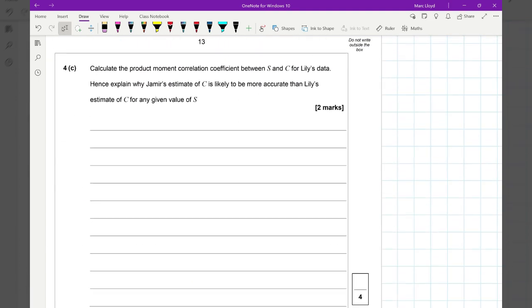Part C, calculate the product moment correlation coefficient between S and C for Lily's data, hence explain why Jamir's estimate for C is likely to be more accurate than Lily's estimate for C for any given value of S. So you follow the same process by putting her data in, and the R value that you should get is 0.8182, which is a positive correlation.